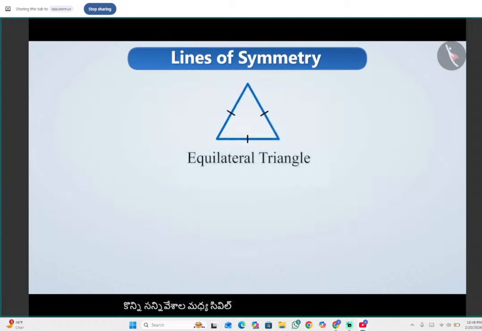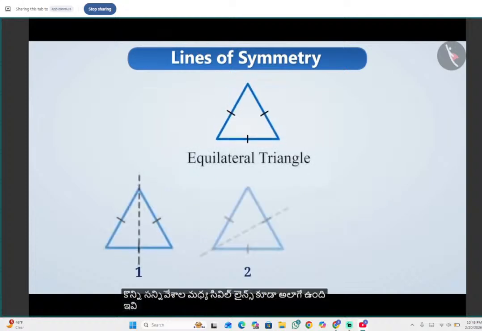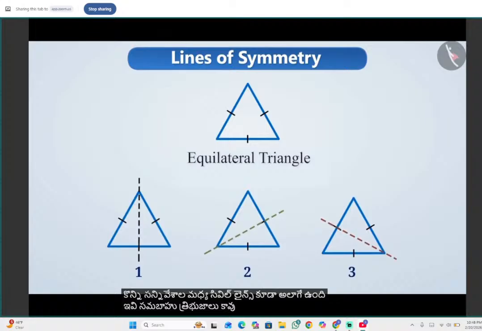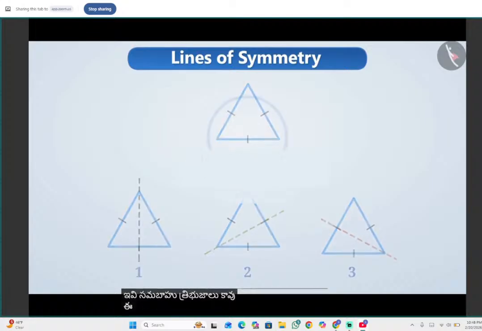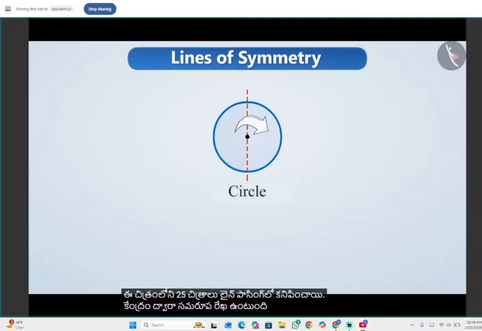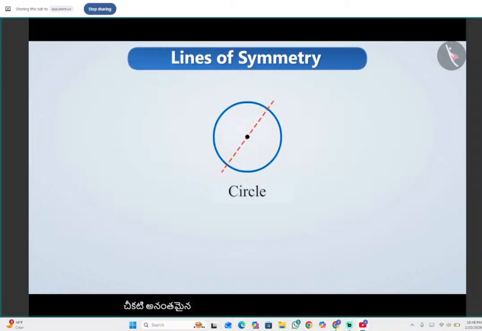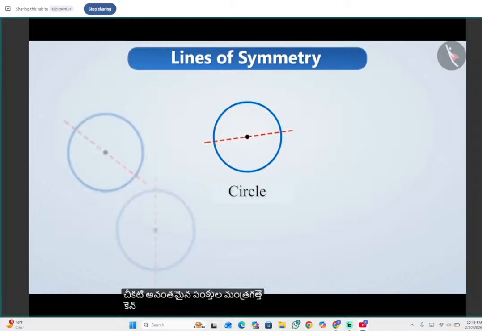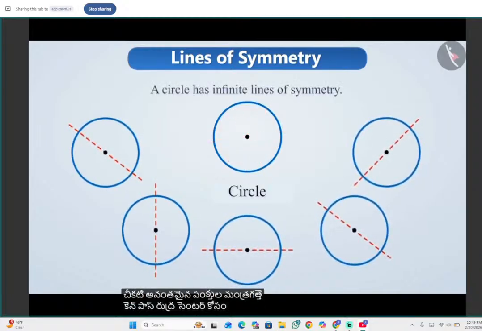Similarly, three lines of symmetry could be seen in an equilateral triangle. But if we look at a circle, any line passing through its center is a line of symmetry. And since there are infinite number of lines which can pass through the center, hence a circle has infinite lines of symmetry.